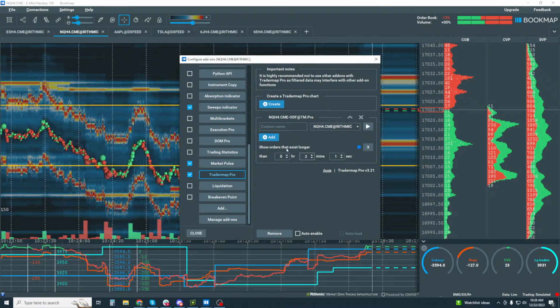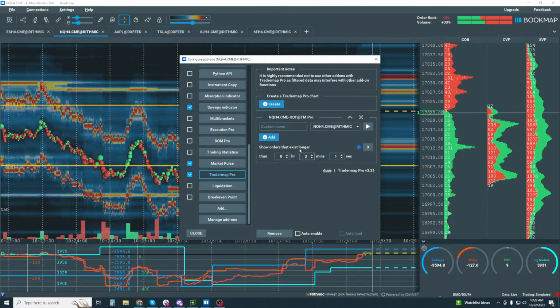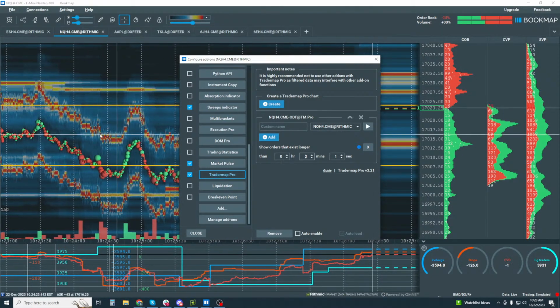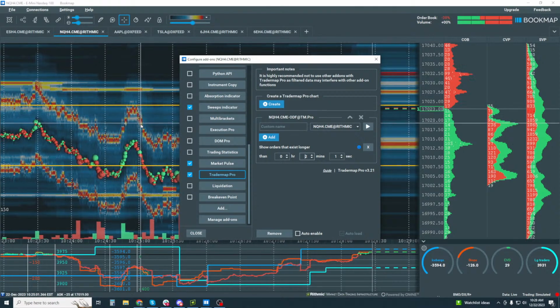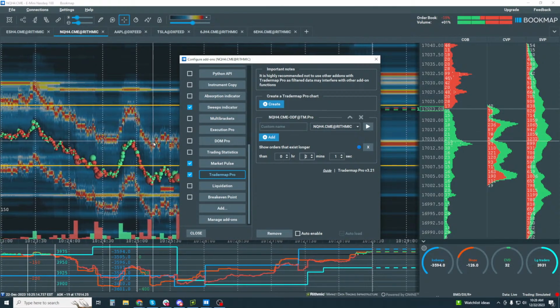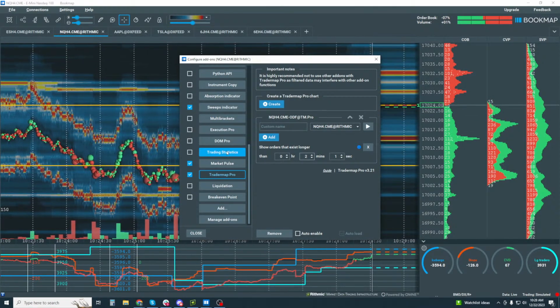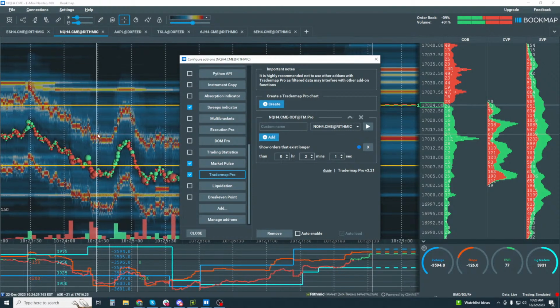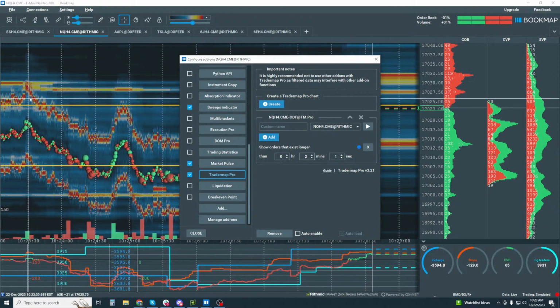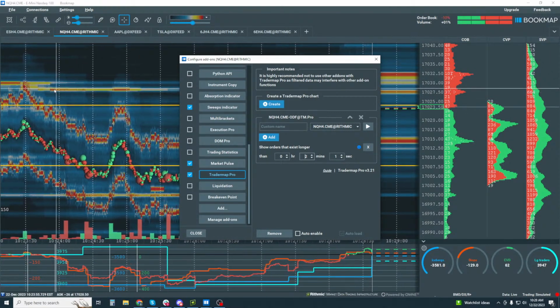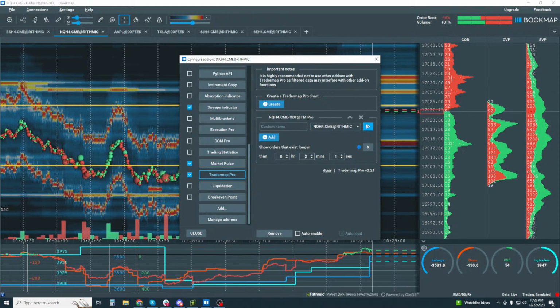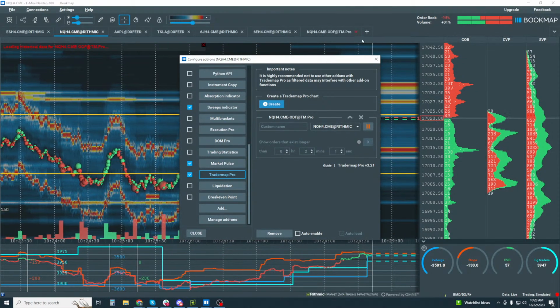Okay, so show orders that exist longer than 2 minutes. See these orders in here? They're not existing longer than 2 minutes. They're adding and pulling like every few seconds basically. So that will filter out these orders. Okay, unless they stay in the order book like up here. Right? So let's add that filter in immediately and let's just see what that looks like.